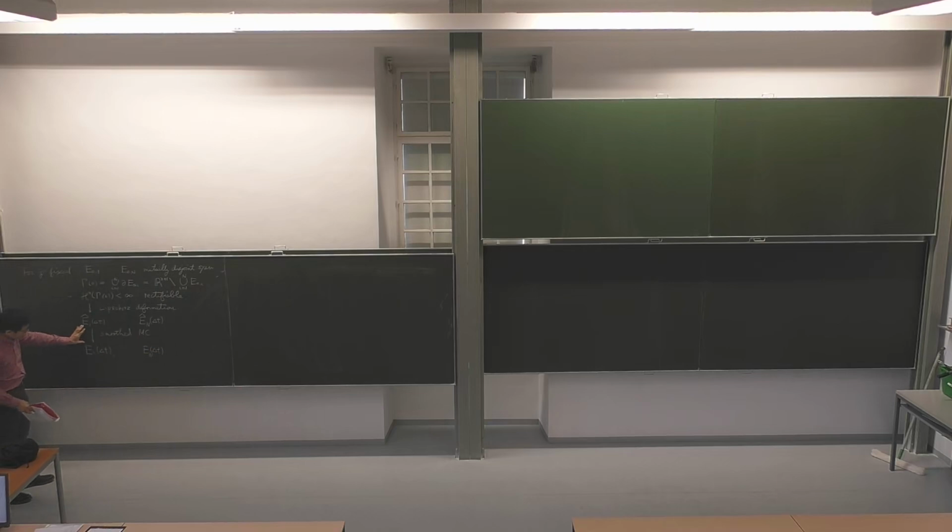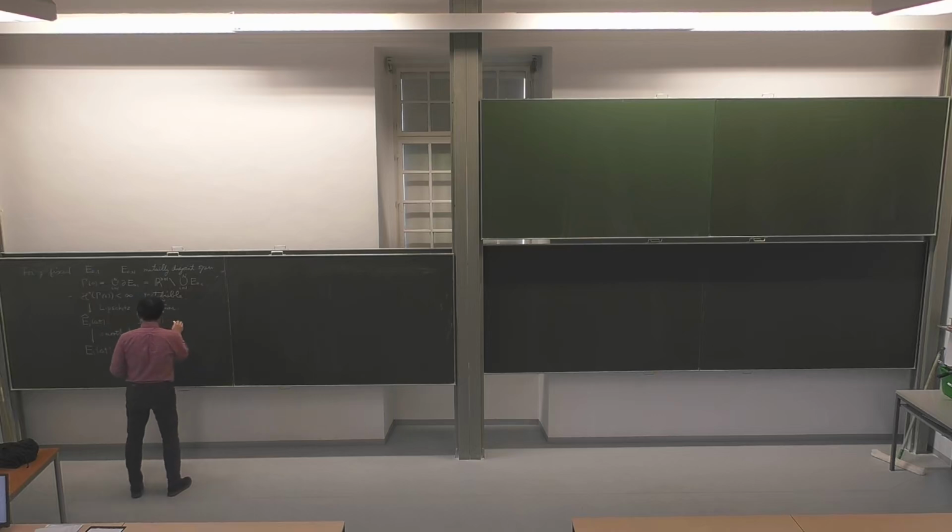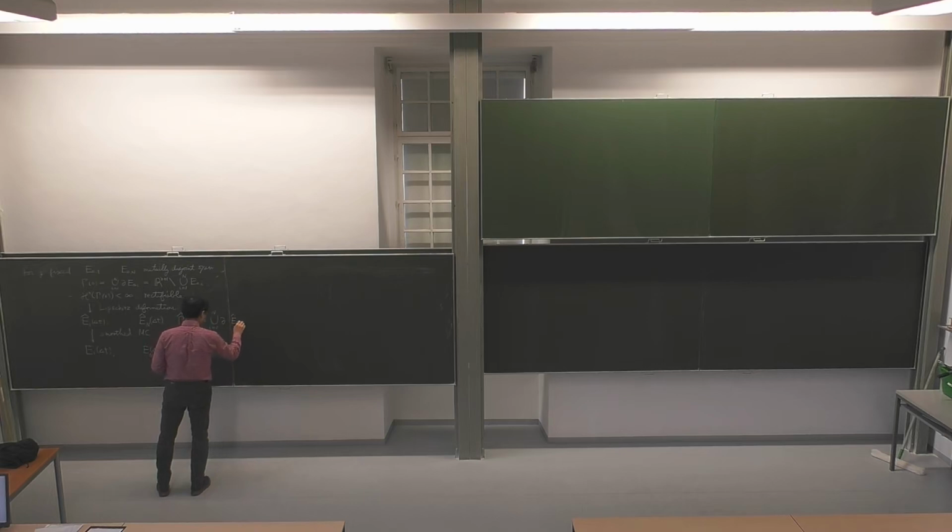Basically, I explained the tool that you need to do this part two days ago. So let me write this way. Maybe I introduce this notation, delta gamma, to be just the sum of E hat i of delta t.